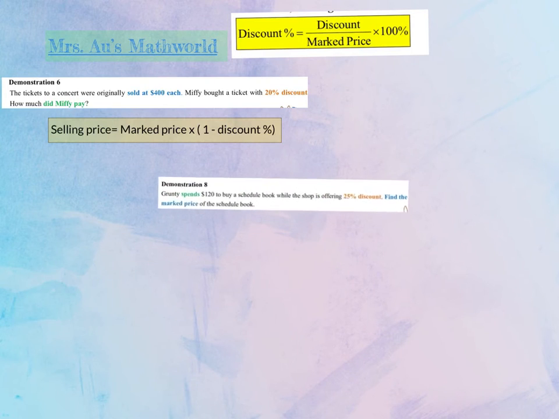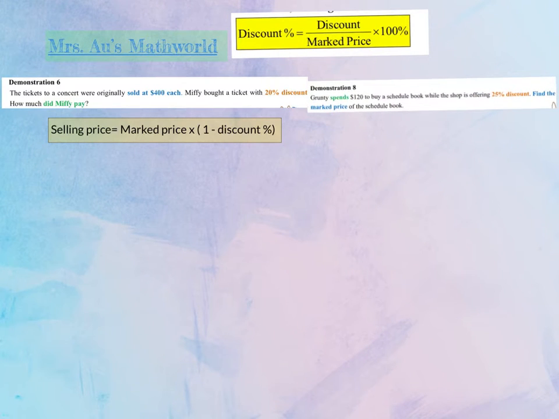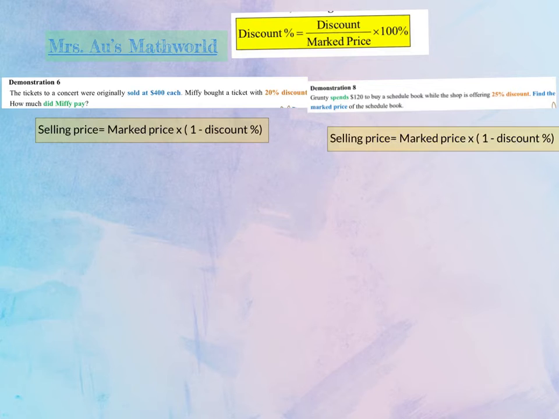Okay, we're going to do it one by one now. In the first one, it says that the tickets were sold originally at $400 each. That means the market price was $400. And then it says that Miffy bought a ticket with a 20% discount. That means 20% off. If you go to the shopping center, you can see this one.